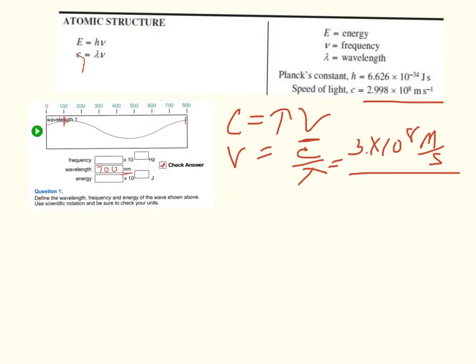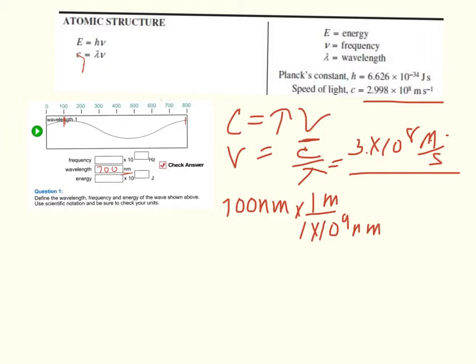Now the wavelength here I have is in nanometers, but this is in meters right here. So I'm going to have to convert my wavelength from nanometers to meters. So if I have 700 nanometers, what you need to know, especially for this unit, and of course for the exam, is the conversion from nanometers to meters, because we use that all the time in this unit, because wavelengths are usually measured in nanometers. It is 1 times 10 to the 9th nanometers in 1 meter.